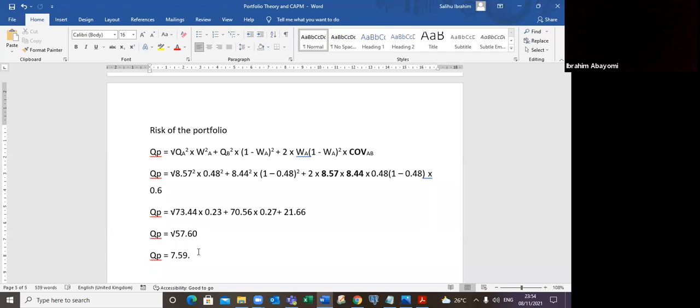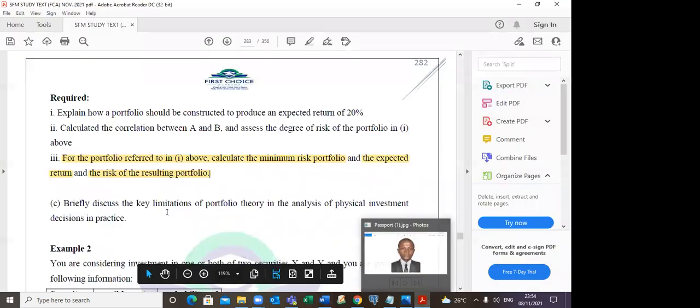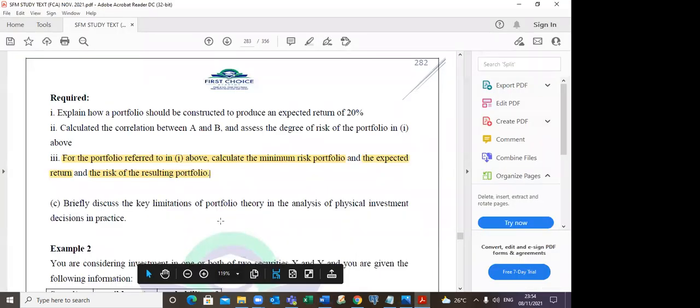So that's how to compute the minimum risk portfolio. Any question on this? No.